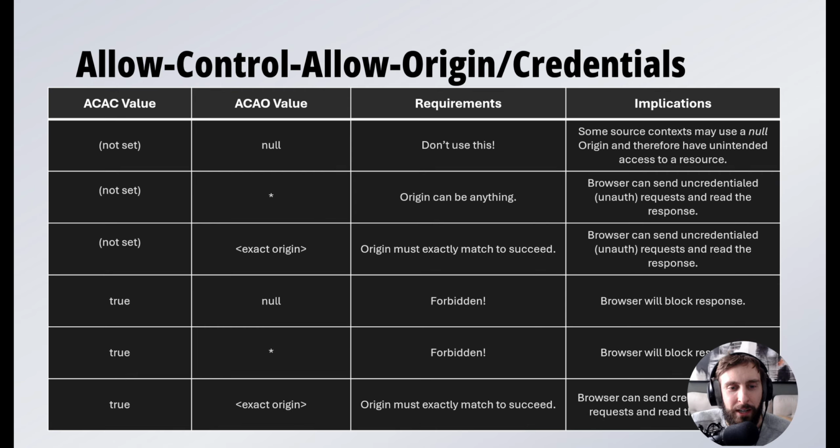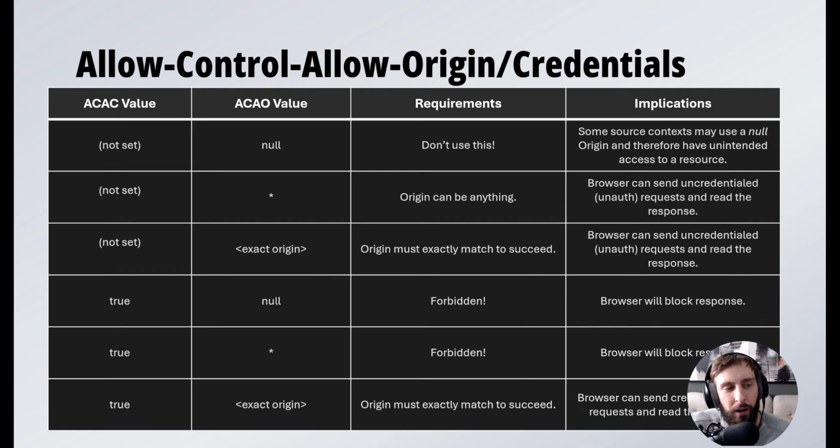Again, don't do this. Second row, wildcard. So in this case, the browser can send uncredentialed requests from any origin. The third one, where there's an exact origin, the requesting origin must match the one specified in the header. And again, the client is restricted to making unauthenticated or uncredentialed requests.